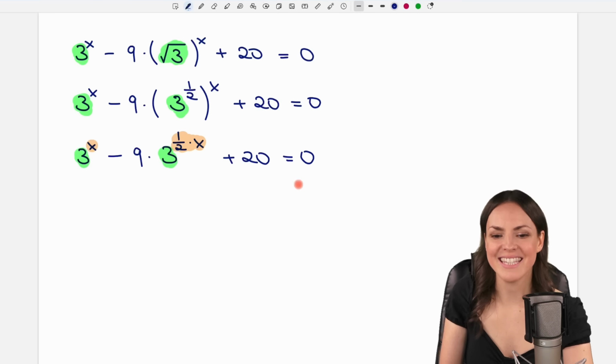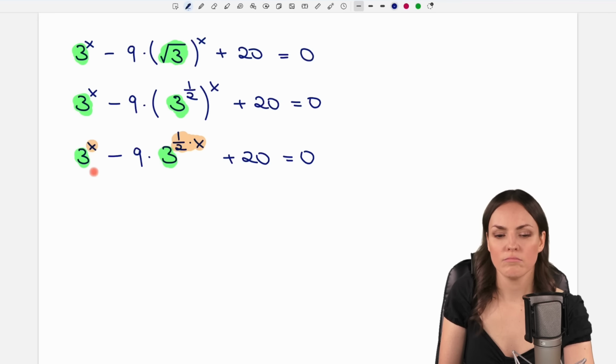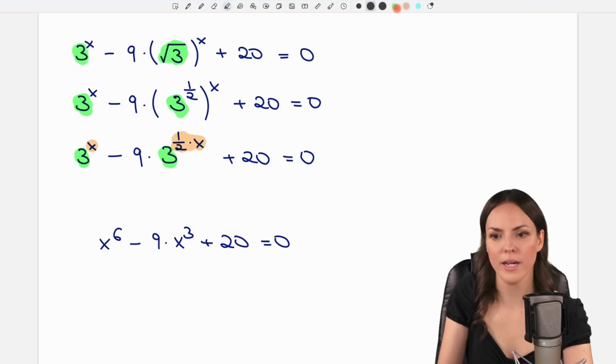Every time you have this structure, you can use substitution to solve this equation for x. So also if your equation would look differently, for example, if you had x to the power of 6 minus 9 times x to the power of 3 plus 20 equals 0. Same thing here. Let's compare it. We have the base x here, base x here, so same bases.